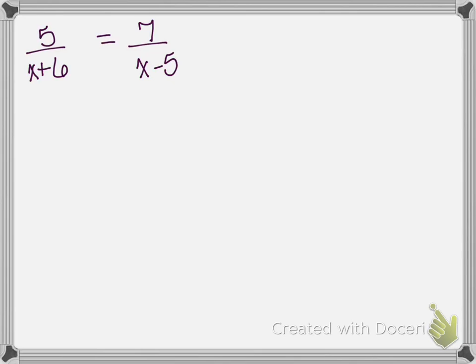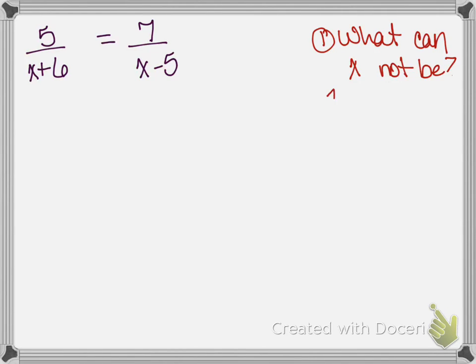That's the first thing. Then you're going to find your LCD, and then you're going to solve. I would encourage you not to cross multiply. You just want to get in the habit of working with those LCDs. You've got 2 minutes.